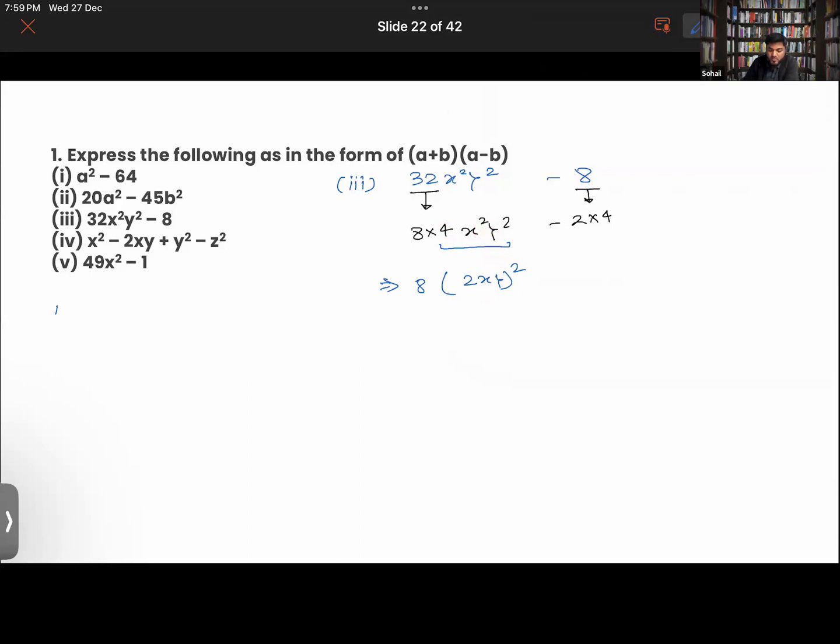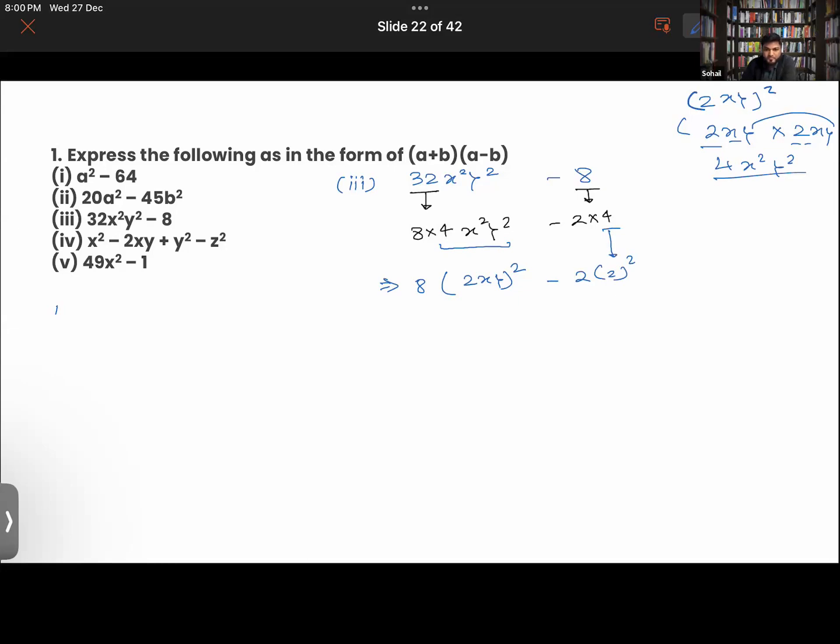Because when you multiply it, you get 2 times 2, 4, x times x square, y times y square, right? That's why we are doing this. And then 4 can be written as 2 square.